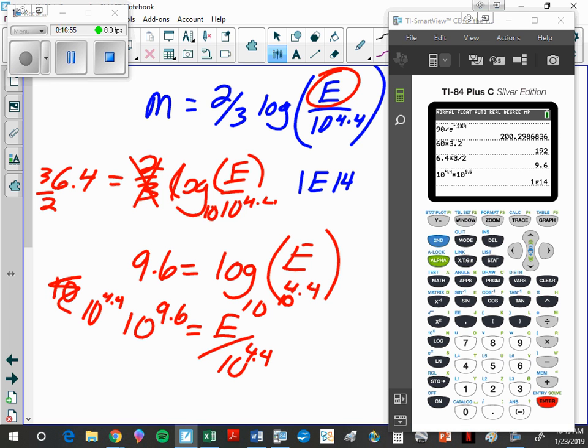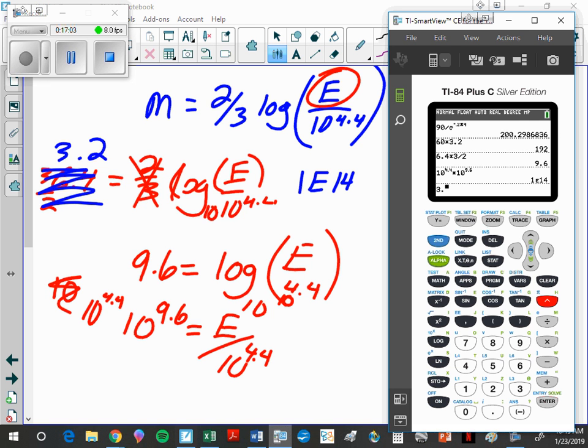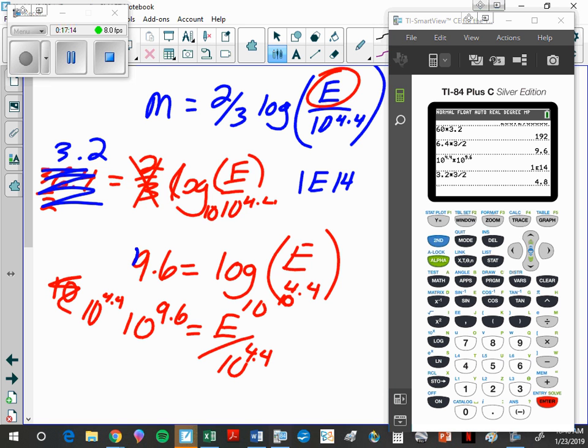Now I need to do exactly the same thing with 3.2. So 3.2 times 3 halves is 4.8. So I can do the exact same calculation I did before, but I'm going to replace 9.6 with 4.8.